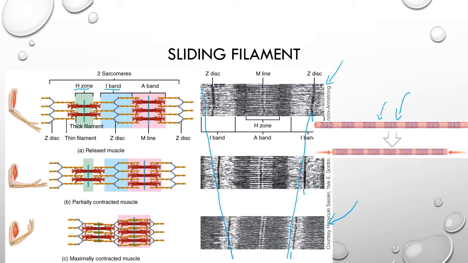Those two areas have become completely gone, and all that we're left with is the space that is just simply the thick filament, and all of it is essentially overlapped. On the scanning electron micrograph, we can see a little bit of the I band left there, as it's maybe not at its full maximum contraction.